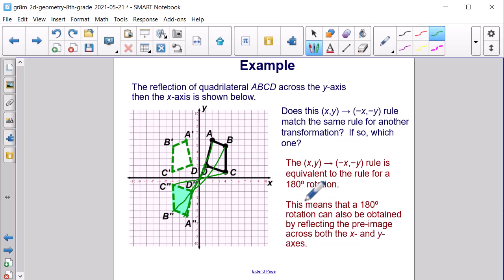And this means that a 180-degree rotation can also be obtained by reflecting the original pre-image across both the x and y axes, and in either order. If you actually reflected this across the x-axis and then the y-axis, you would still end up at the same exact A double prime, B double prime, C double prime, D double prime quadrilateral.